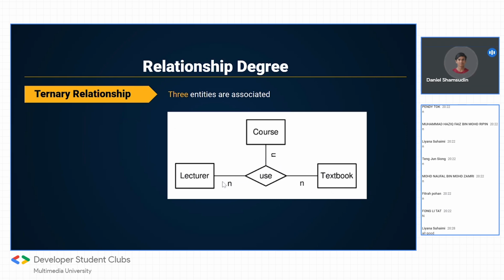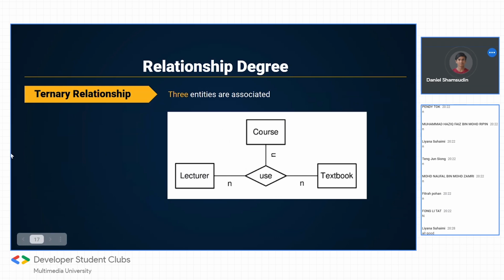So in this case, three of them are somehow related, they can be linked and connected in this manner. So if you have three entities related to each other, we can say that they are in a ternary relationship.